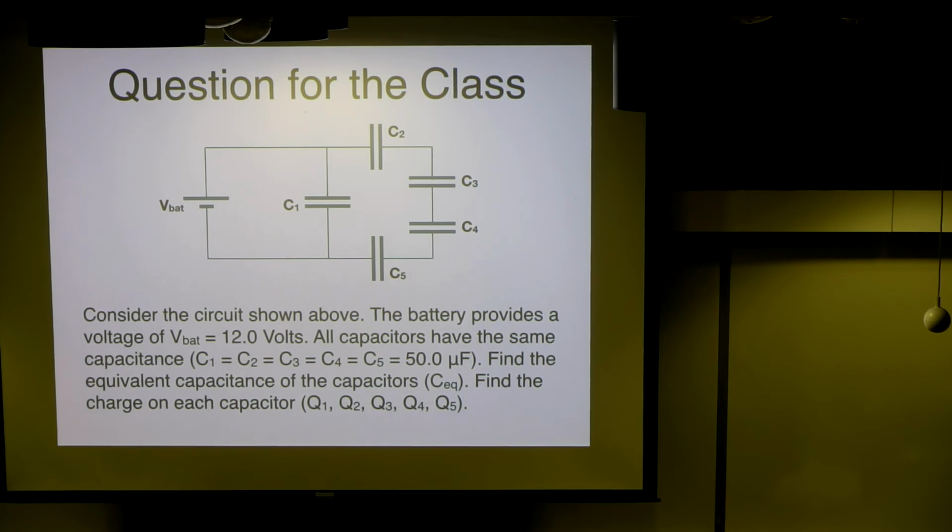What I would do as you go through this is redraw the circuit each time you combine capacitors. It's really gonna help you keep track of things as you go on.